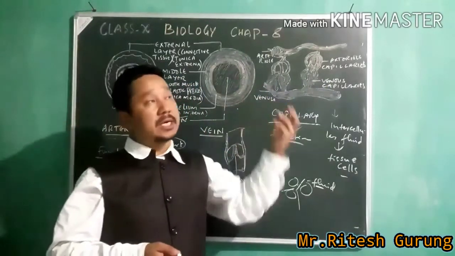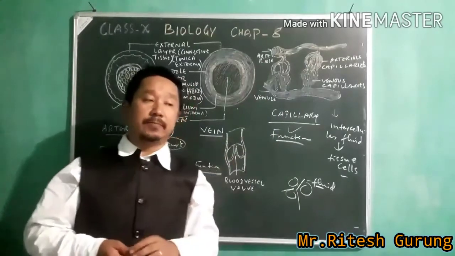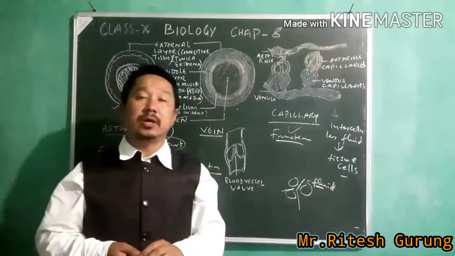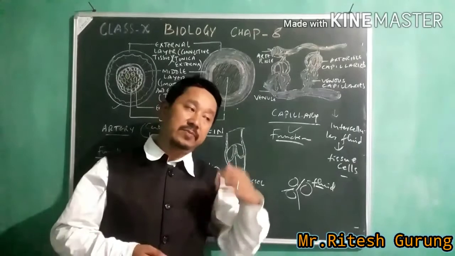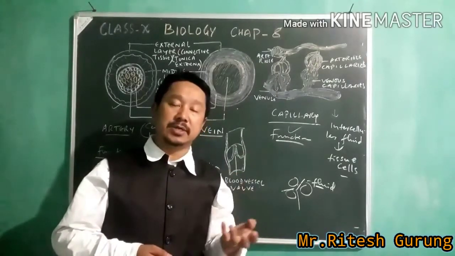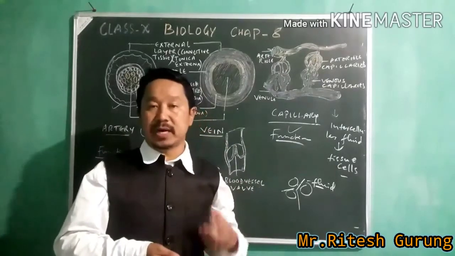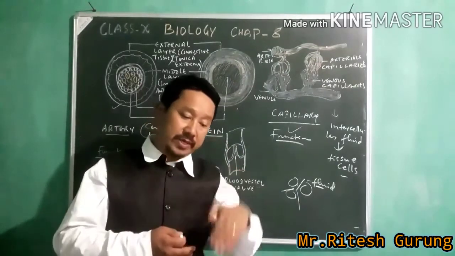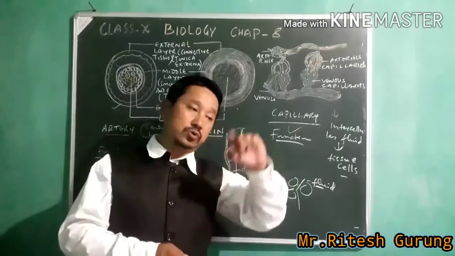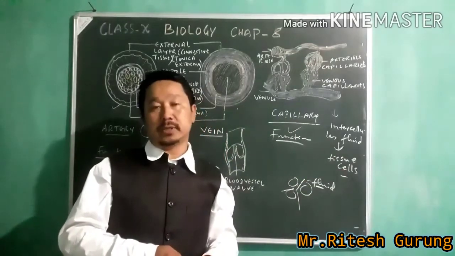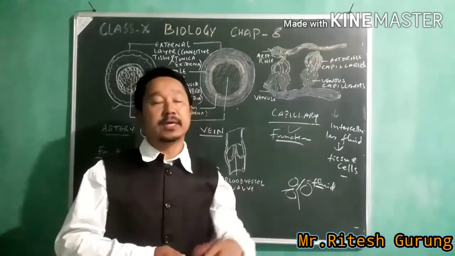From there it is taken, not to the artery in fact, ultimately it goes to the right atrium or right auricle, and from right auricle to the ventricle, and from ventricle it will go to the lungs for purification.